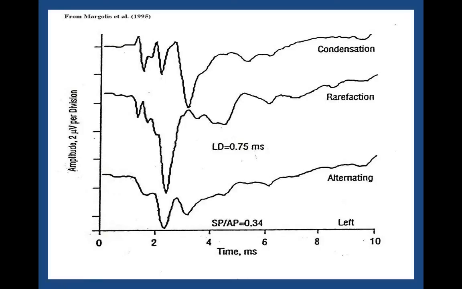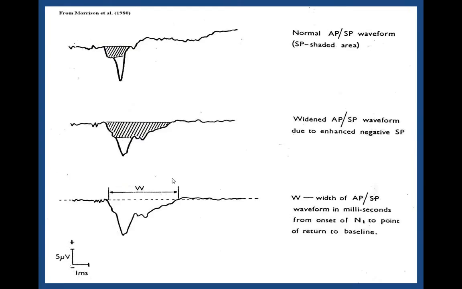And so this curve here, although certainly not normal in our laboratory, doesn't necessarily represent an enlarged SP. It represents two APs that have been added together that are out of phase or have a latency difference with respect to each other.